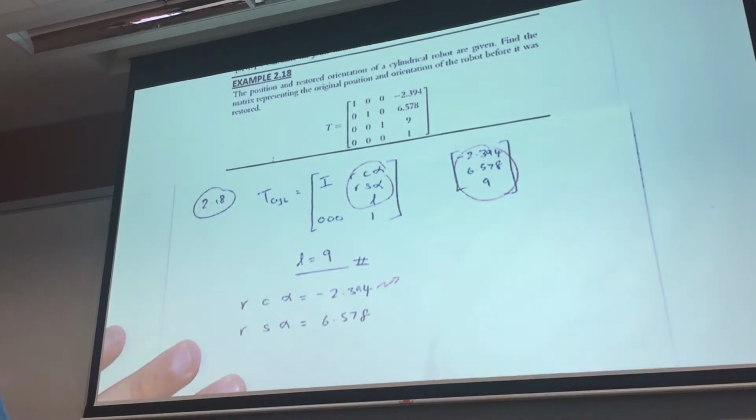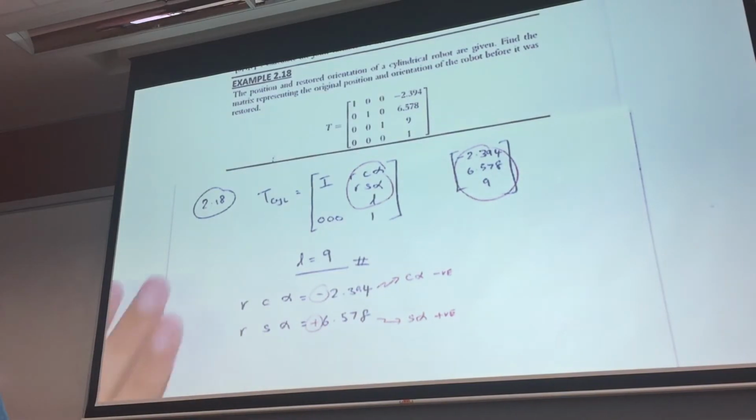By virtue of fact that R should be positive, that means my cosine alpha is negative. Right? Correct? Because of this negative sign. And again, for sine alpha, this will be positive because my overall answer, this is positive. Because positive and positive is positive.